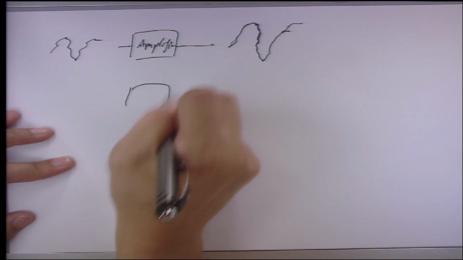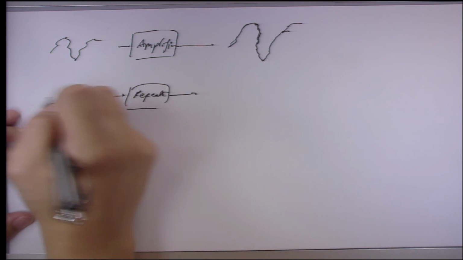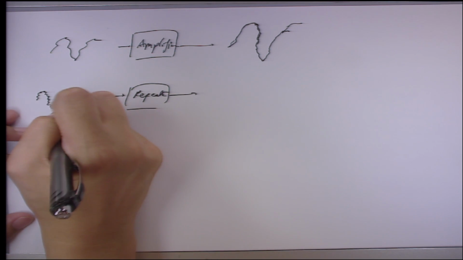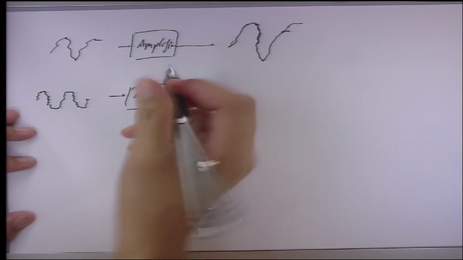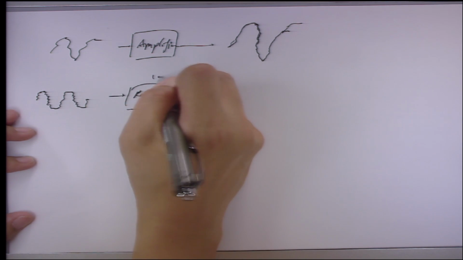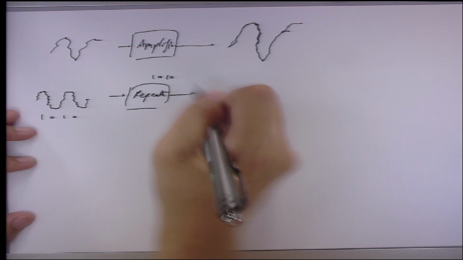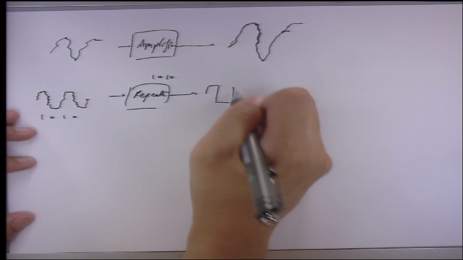But if it's a repeater, what the repeater will do is this. When you receive something like this, the repeater will decide what this is. It should be 1010, okay? So it will reconstruct a nice pulse shape like this.